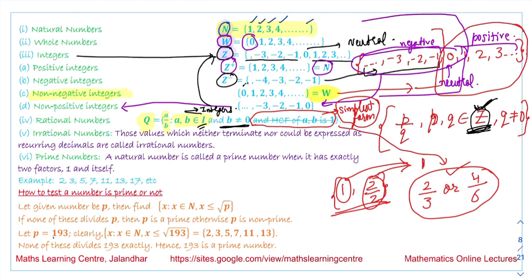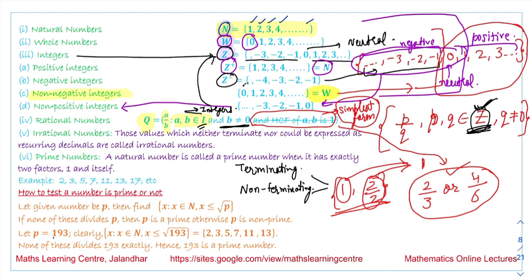Next, when we are talking about rational numbers, there are two kinds of decimal representations. Decimal representations may be terminating or they may be non-terminating.